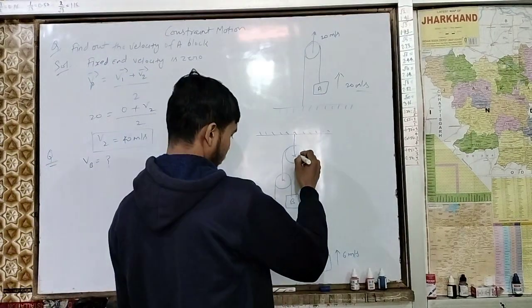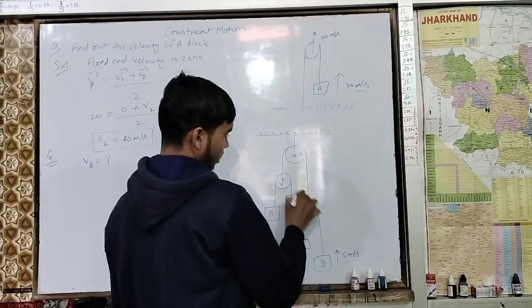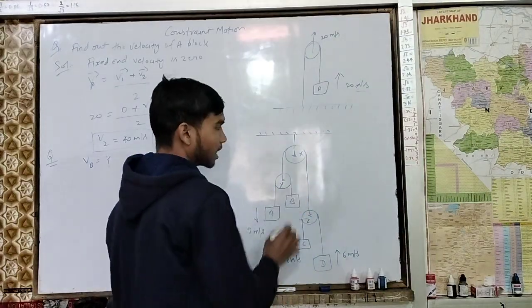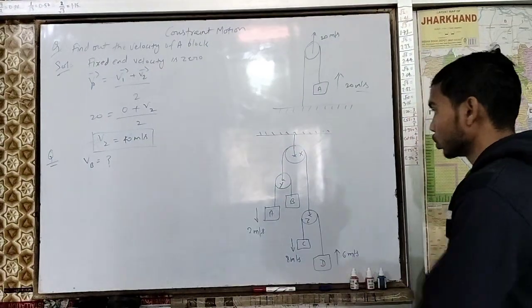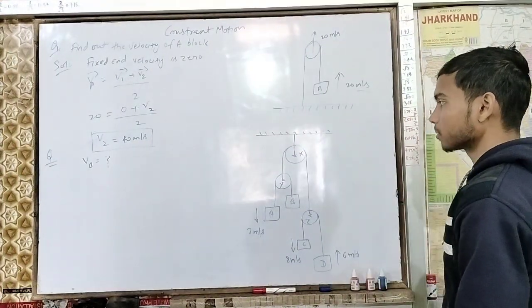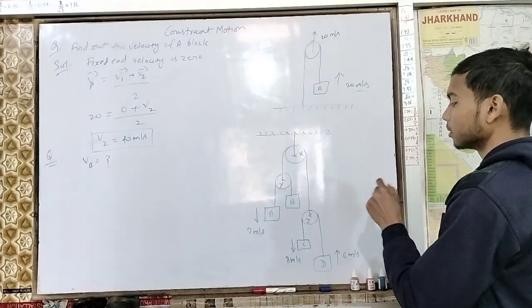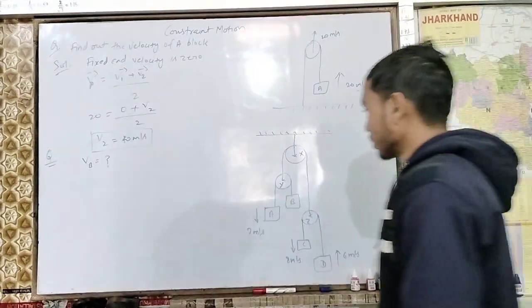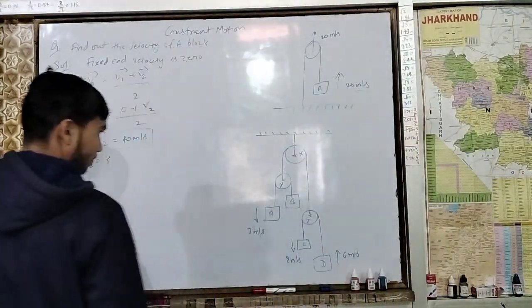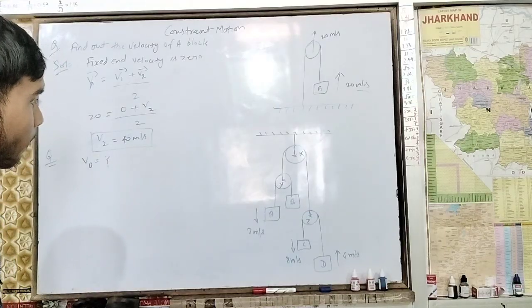Let's say X, Y, Z are the names of the pulleys. So X pulley is not moving, it is fixed. Y pulley is moving. Z pulley will be moving. Block A is moving downward. Block C is also moving downward.